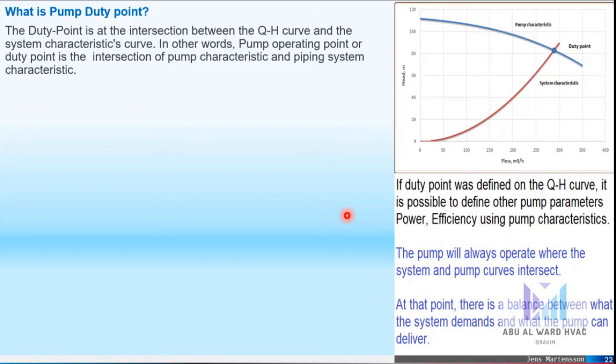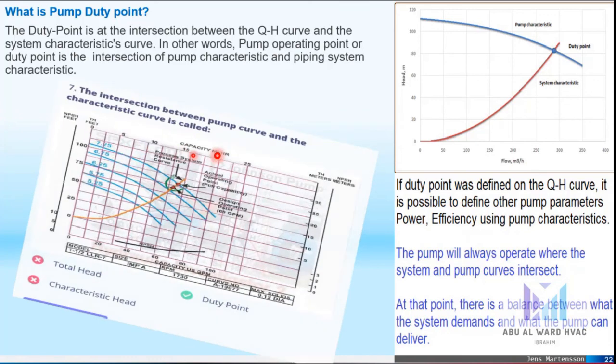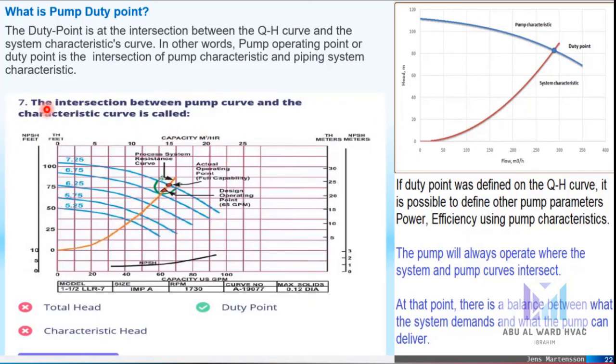The pump will always operate where the system and pump curve intersect. At that point, there is a balance between what the system demands and what the pump can deliver. The intersection between the pump curve and the characteristic curve is called duty point here.